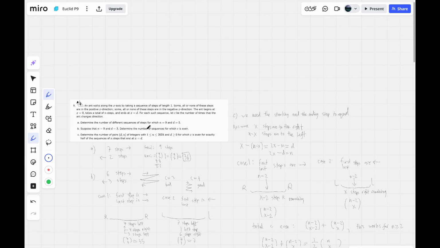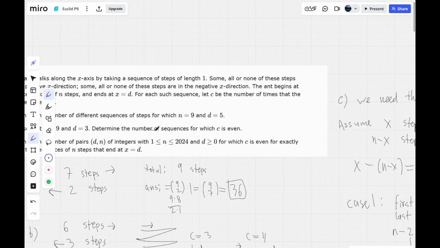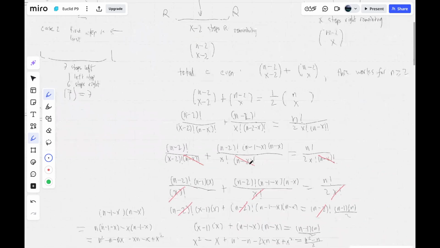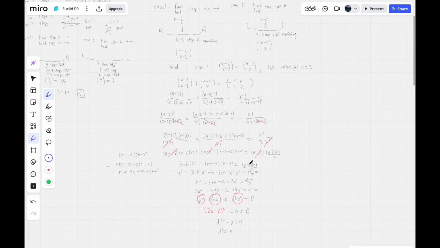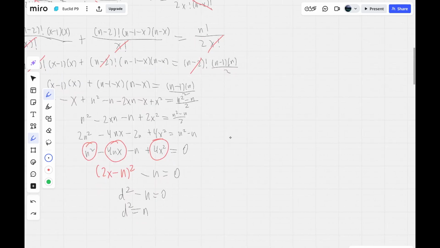So now n is less than or equal to 2024, and d is greater than or equal to 0. Now recall that this only works if n is at least 2, right? So if d equals 1, n equals 1.